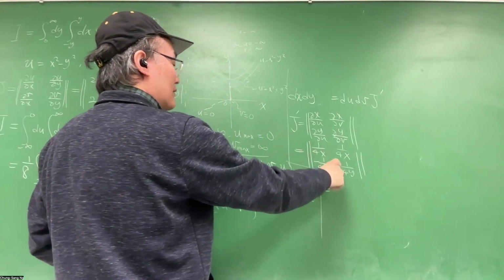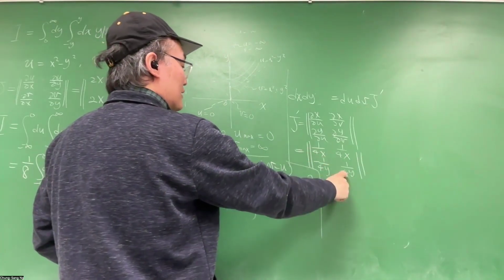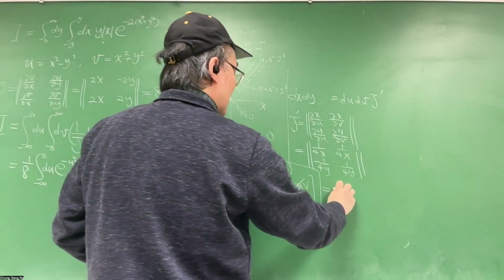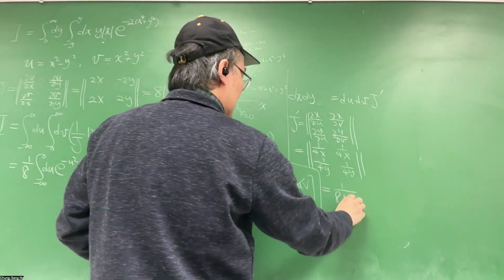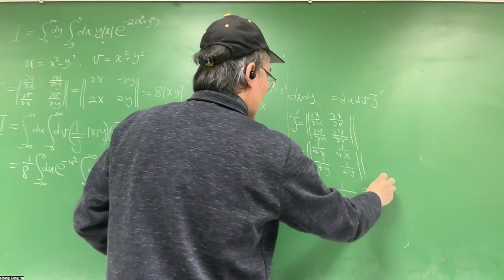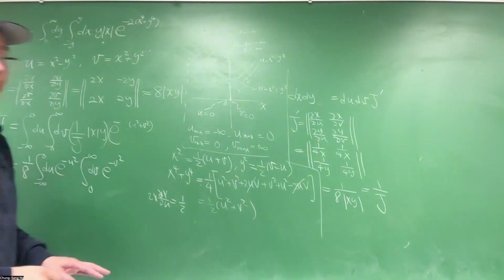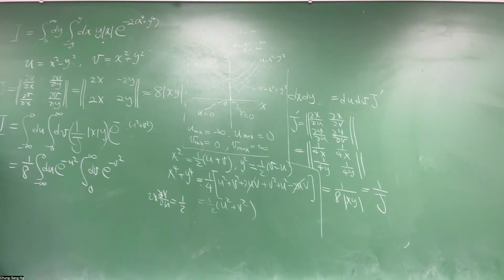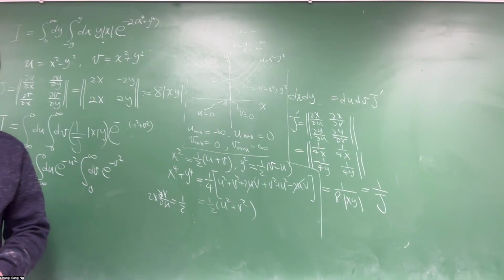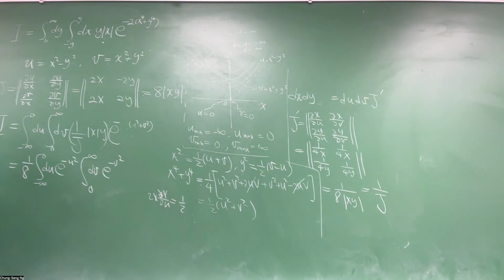Altogether, you multiply by 1/4 times or 16, but you have two of them, so 1/8. This is just 1/2. Right? You can work that out explicitly and show that that's the correct way. Yeah.